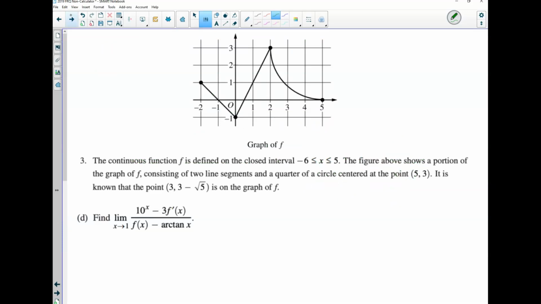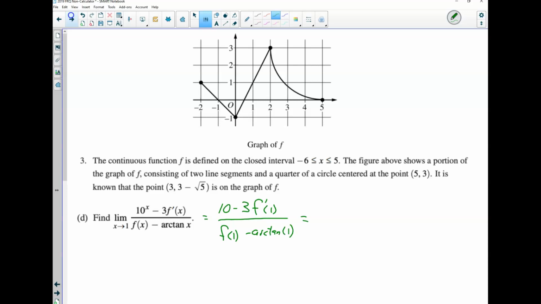Find the limit as x approaches 1 of that mess. Okay? Well, if I did this, remember you do limits right away, you plug them in, right? So this is going to be 10 minus 3 times f prime of 1 over f of 1 minus the arctangent of 1. What's f prime of 1?